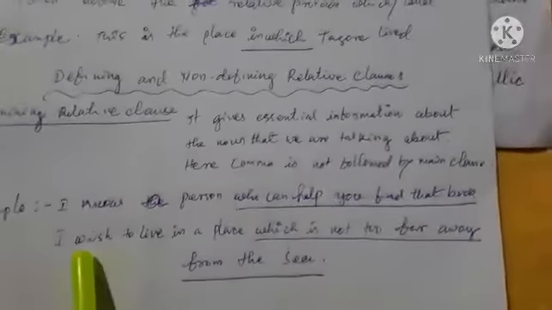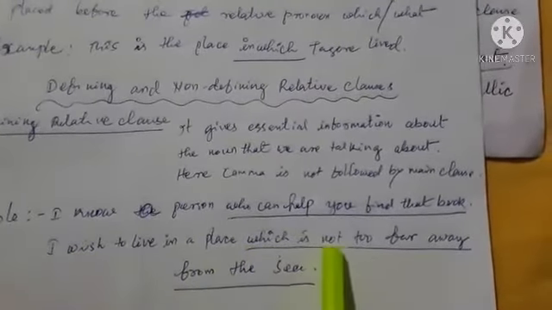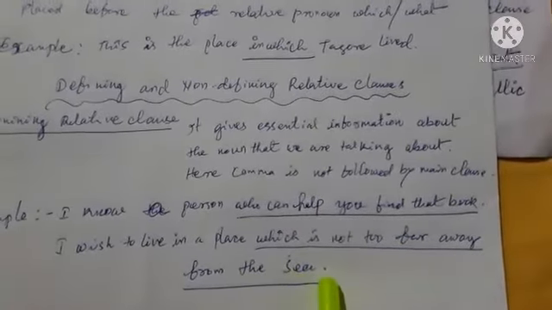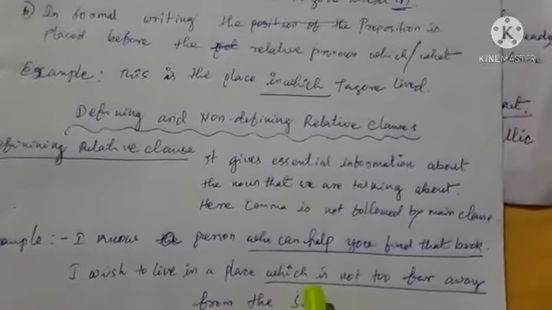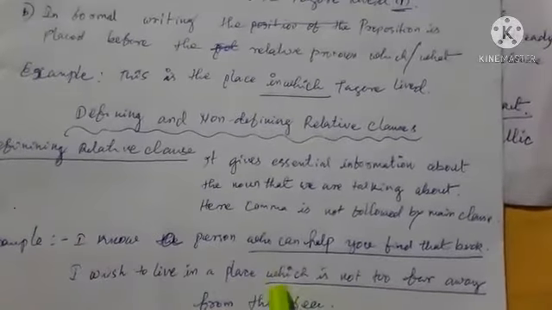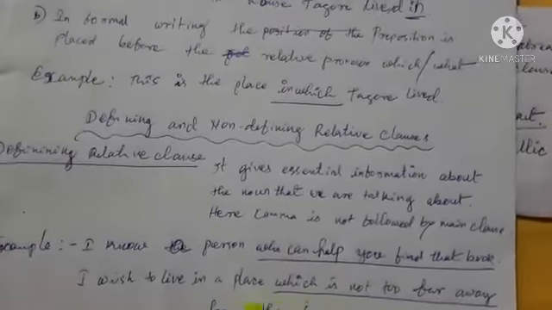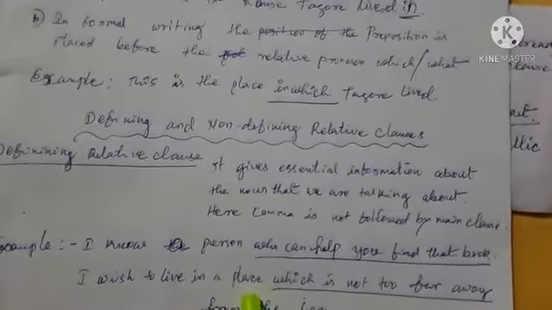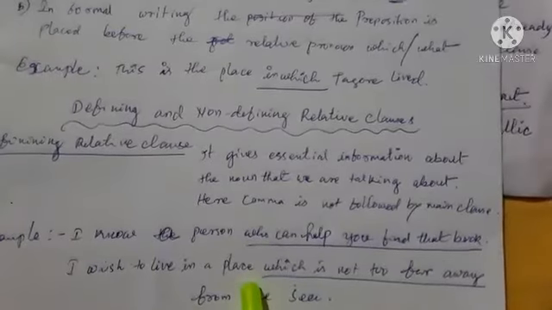Let us see one more example. I wish to live in a place which is not too far away from the sea. So here the defining relative clause gives essential information about the place which is not very far away.